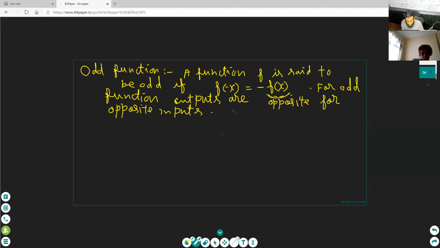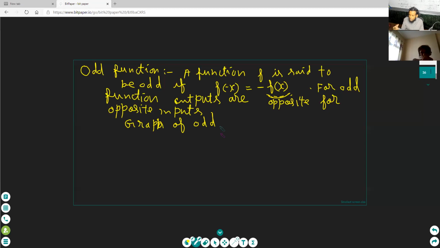So if my input is positive, my output will be negative? No. If you put positive x, then your answer f of x will be positive.